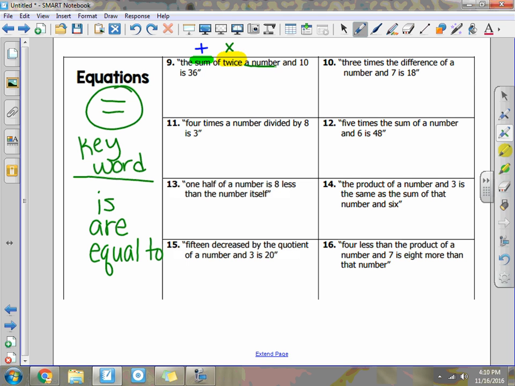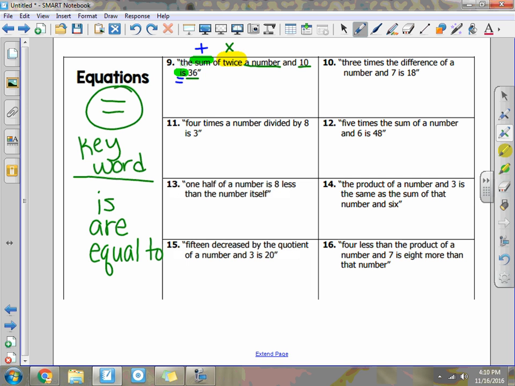I've got some mystery number. Remember, I'm going to use a variable there. I have the number 10. I have this word is, which remember I know is a clue word now for equals. And then I also have the number 36.